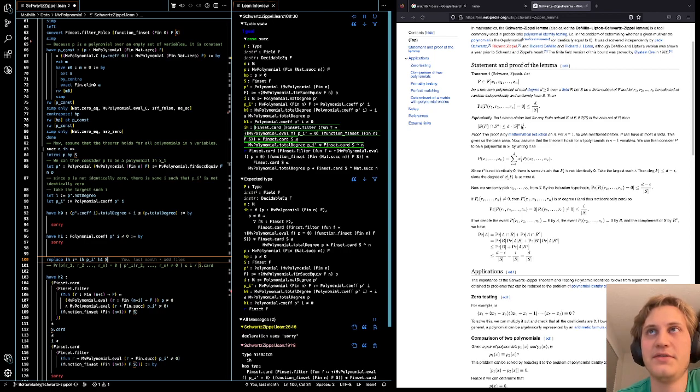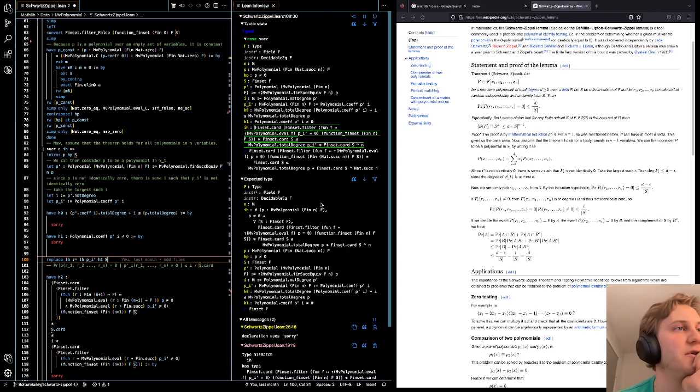But again, I don't want to use subtraction because that's hard to deal with in Lean. And so I basically multiplied through both sides of this inequality by the cardinality of S. So I have times Finset.card of S, and I have Finset.card of S raised to the power n here. And that's my inductive hypothesis.